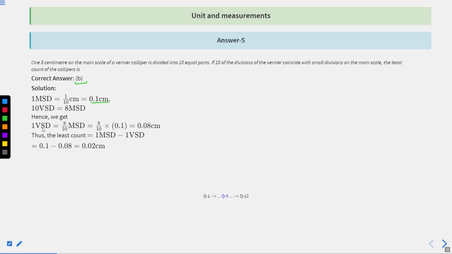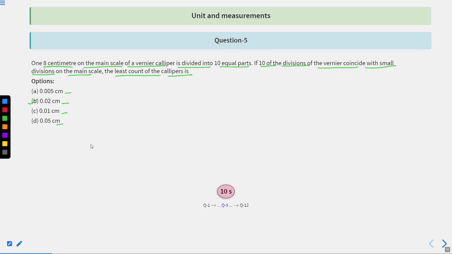Hence we get 1 VSD equals 8 divided by 10 MSD, which becomes 0.08 centimeter. And according to the formula of least count, the answer is 0.02 centimeter. Clear? Answer is B, 0.02 centimeter. Clear?